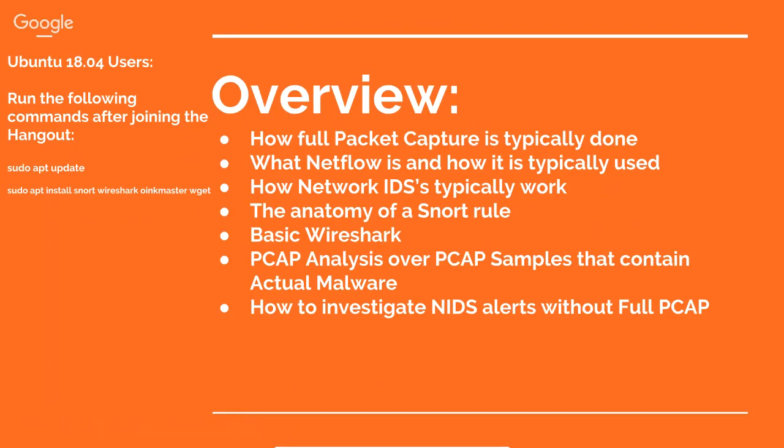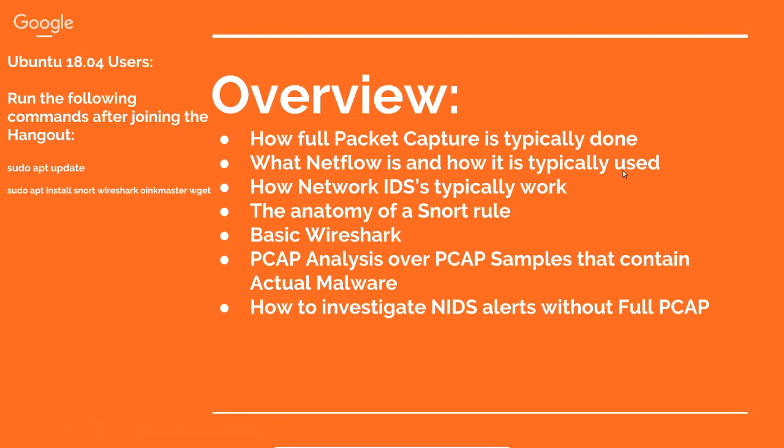Basically, what I'm going to try and cover is how full packet capture is typically done, what NetFlow is, how IDSs work, or network IDSs anyway, the anatomy of a Snort rule, some basic Wireshark. We're going to go over some packet captures, and then also how to investigate an IDS alert without a packet capture or a full PCAP.